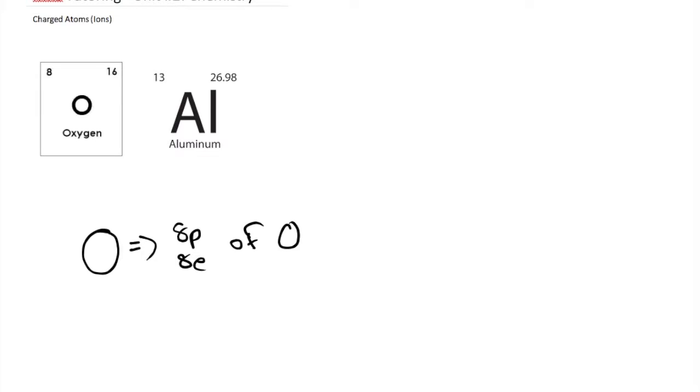But if this oxygen atom had 6 protons and 8 electrons, then the charge would be -2, because it has more electrons than it has protons. And same thing if it was the opposite.